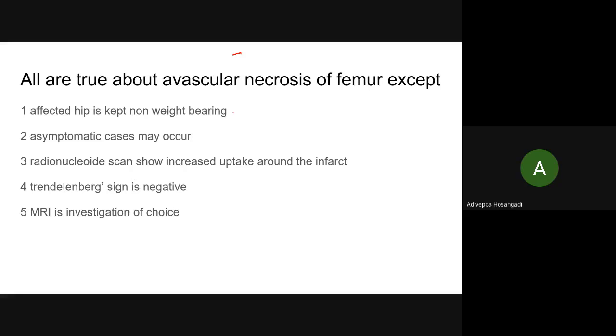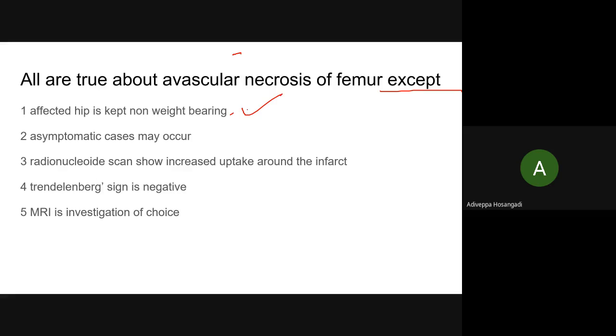Option 5, sir: MRI is the investigation of choice. Okay, did you read the question? Affected hip is kept non-weight bearing, is that correct? Yes, it is correct.